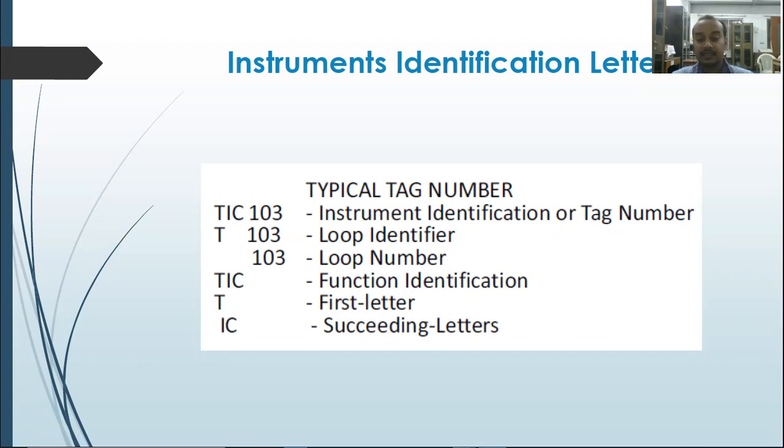TIC, these three letters will be known as the function identification, in which the first letter is T and IC are called succeeding letters. In the next part, we try to get the idea of what full information we can get from this TIC, in which T is the first letter and IC the succeeding letters.